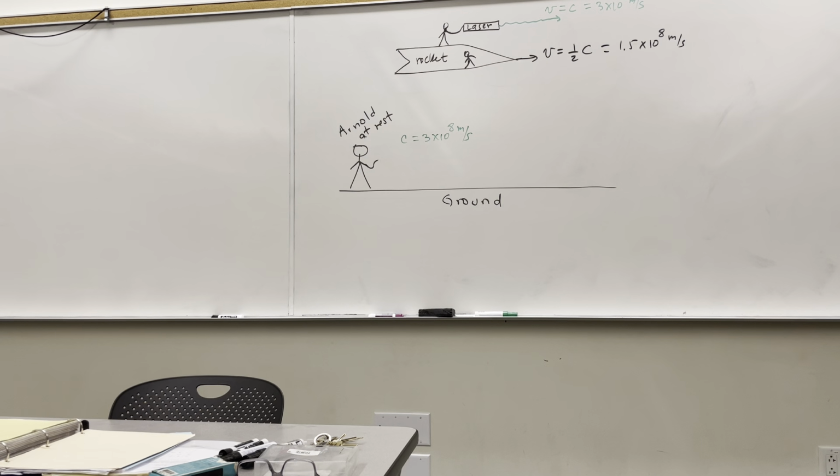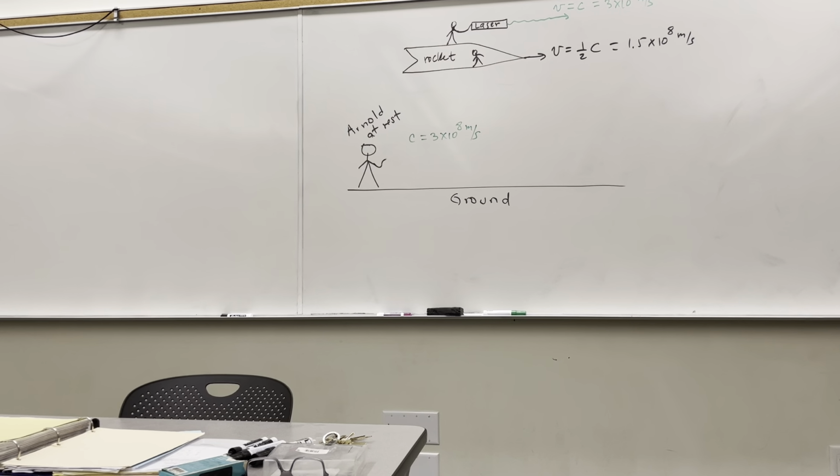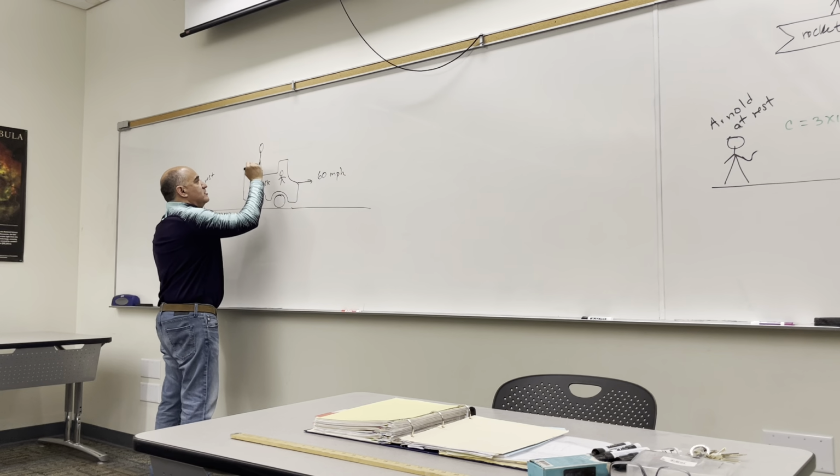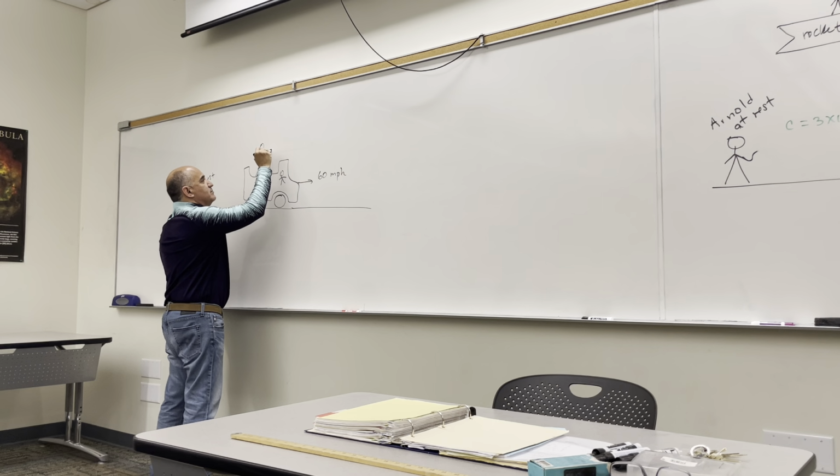Those are big wheels, but it's a truck. And someone is driving this truck, and suppose the truck is traveling relative to the ground at 60 miles per hour. And someone on the truck over here takes out a baseball.